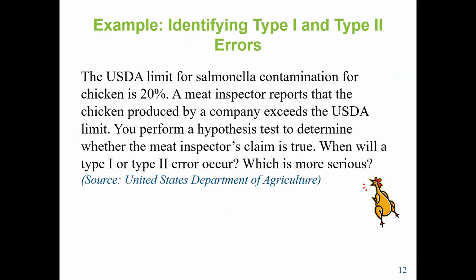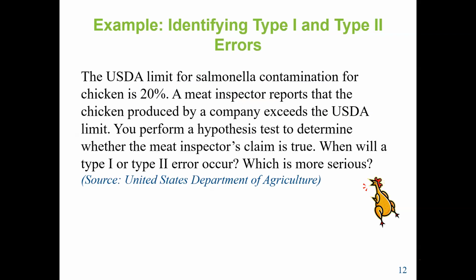When will a type 1 or type 2 error occur? Which is more serious? Okay, this one, type 2 is serious because here there is contamination. If it's contaminated, and we take it, that's bad. If we didn't take it, it's still bad, but not too bad.